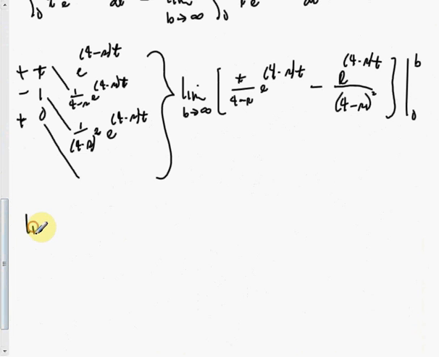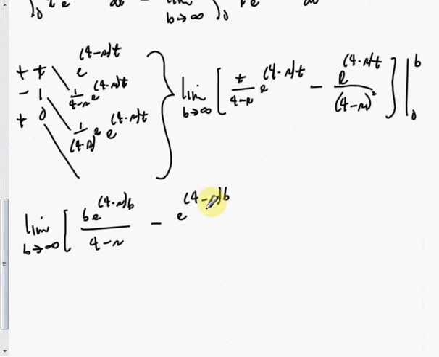So this is the limit as b goes to infinity of b times e to the (4 minus s)b over (4 minus s) minus e to the (4 minus s)b over (4 minus s) squared.